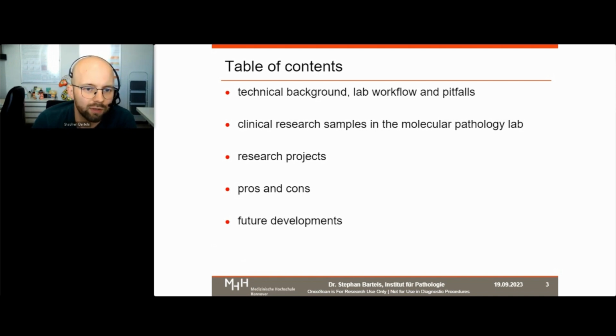The technical background and the lab workflow in the beginning. Then I want to show you our clinical research projects we performed in the last years with the OncoScan platform, where we investigated other topics, advantages and some disadvantages of the OncoScan platform regarding HRD testing, and future developments.